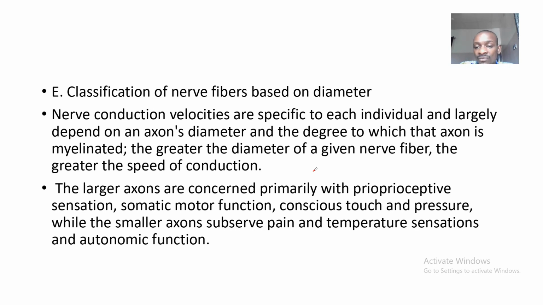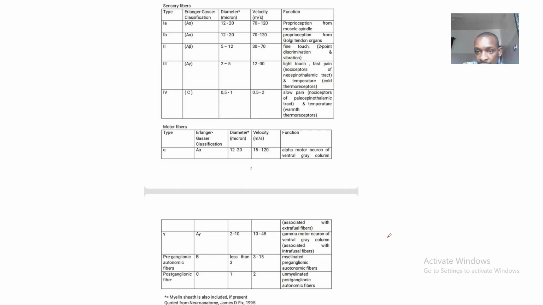The greater the diameter of the nerve fiber, the greater the speed of conduction. The larger axons are concerned primarily with proprioception, somatic motor function, conscious touch and pressure, while the smaller axons subserve pain and temperature sensation and autonomic functions.